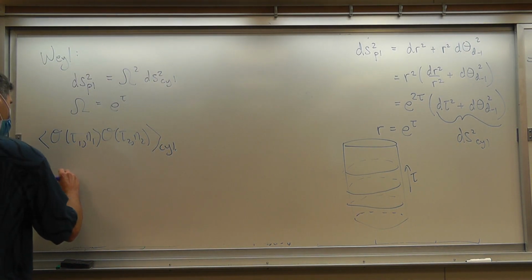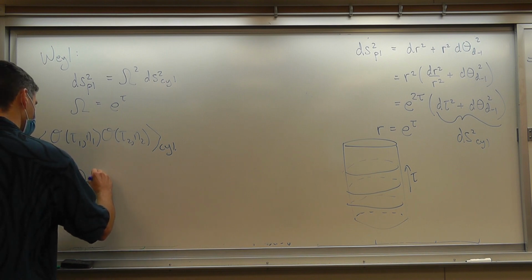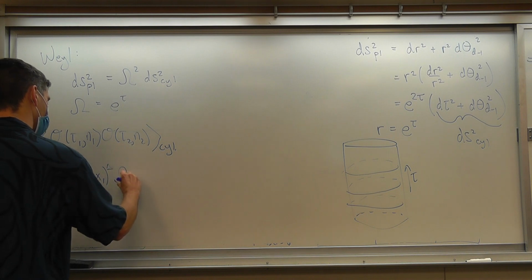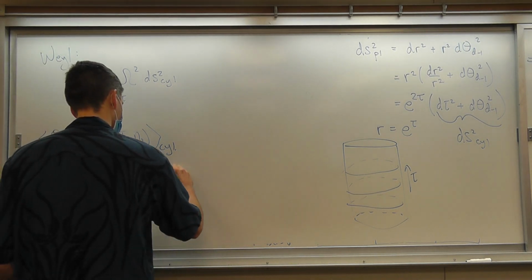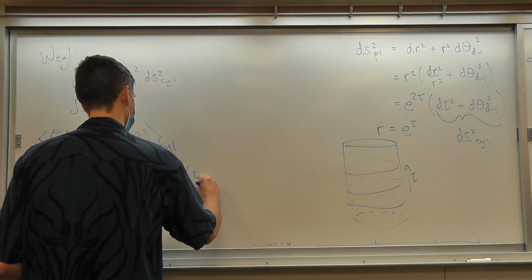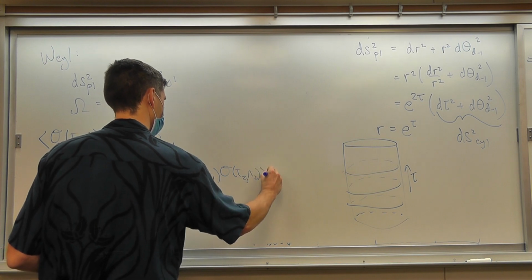According to our Weyl transformation rule, this is omega of x1 to the delta, omega of x2 to the delta, times O of tau 1 n1, O of tau 2 n2 on the plane.